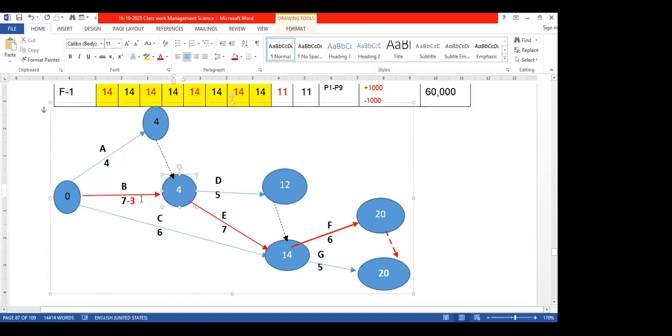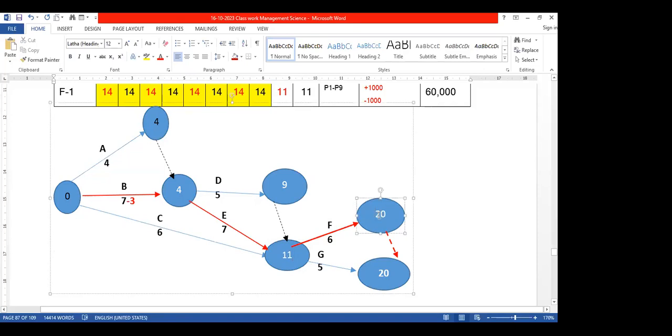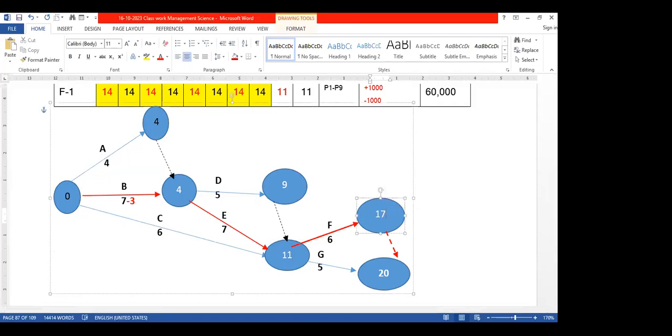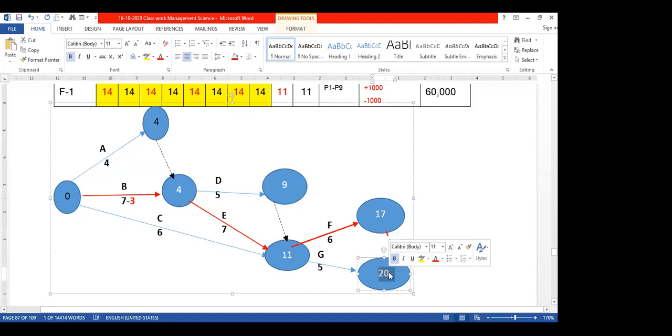Now it's going to become 4. 4 plus 5, 9. Here 7 minus 3, 4, and 4 plus 7 is 11. 11 plus 6, 17. So at this point, 17 is the project duration.